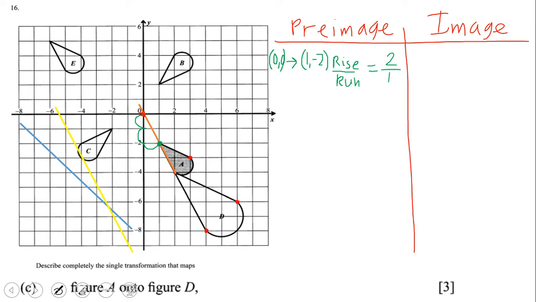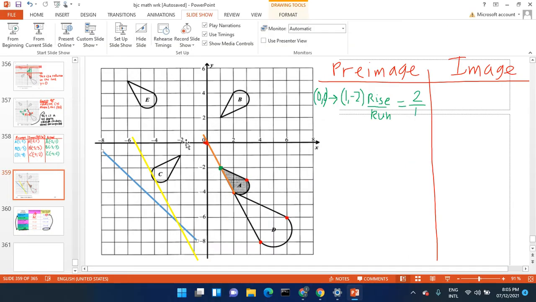So the next thing is we're going to start from the origin again. But this time, instead of considering this brown line, we're going to be considering this yellow one.